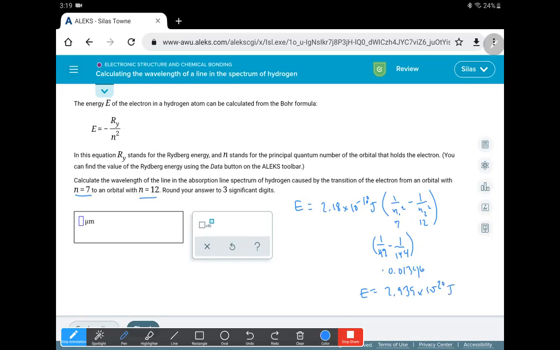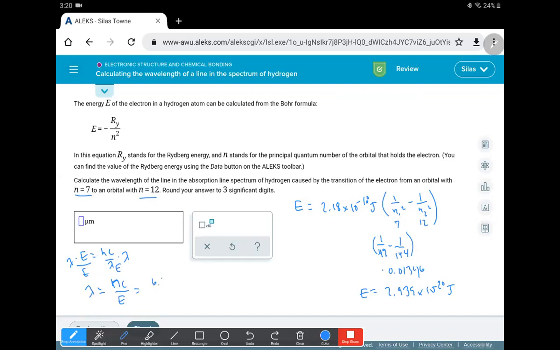So what is the wavelength for that? Then we've got to use our equation. If we start with E equals hc over wavelength, we can rearrange that: multiply both sides by wavelength, divide both by energy, and we get wavelength equals hc over energy.